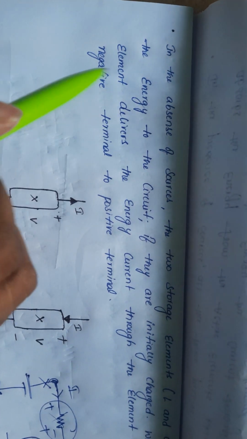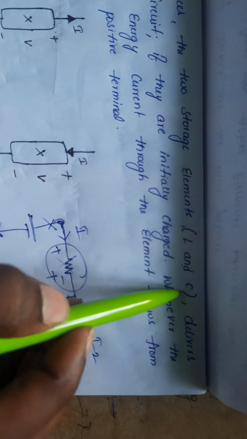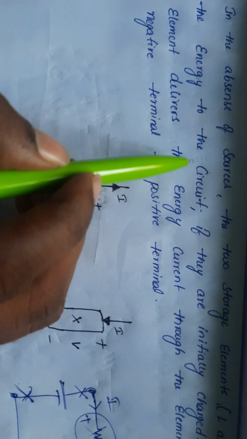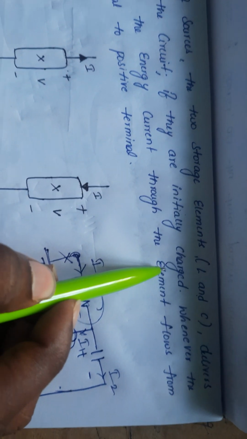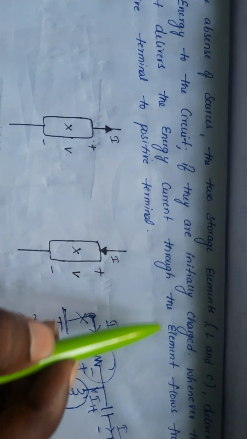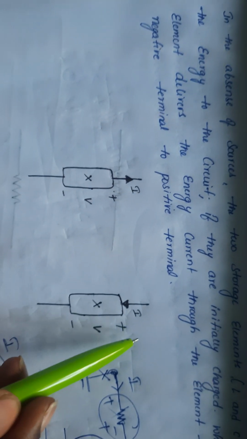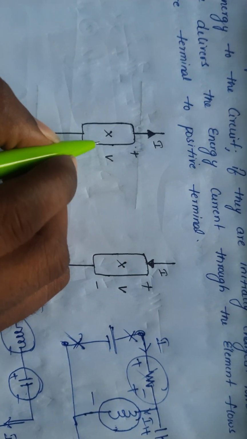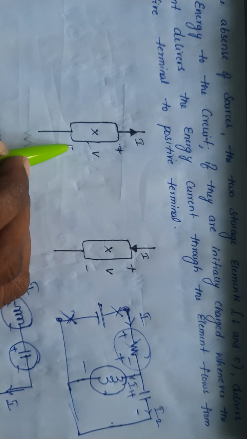See, in the absence of sources, the storage elements L and C deliver the energy to the circuit if they are initially charged. Whenever the elements deliver the energy, current through the element flows from negative terminal to positive terminal. Here this is the inductor or capacitor, L or C. This is plus and this is minus.